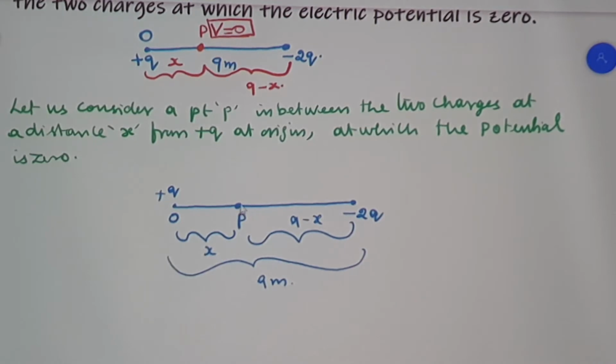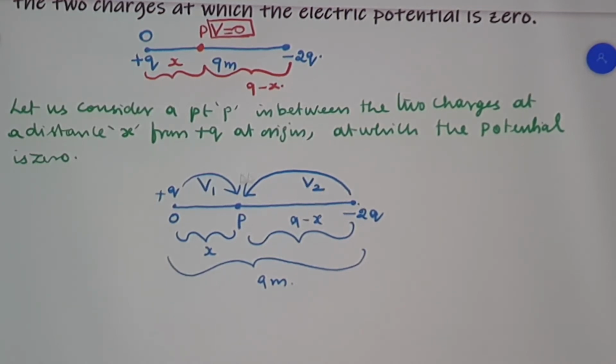This point is experiencing two potentials. One is due to plus q, and another is due to minus 2q. I am taking the potential at point P due to plus q as V1, and the potential at point P due to minus 2q as V2.